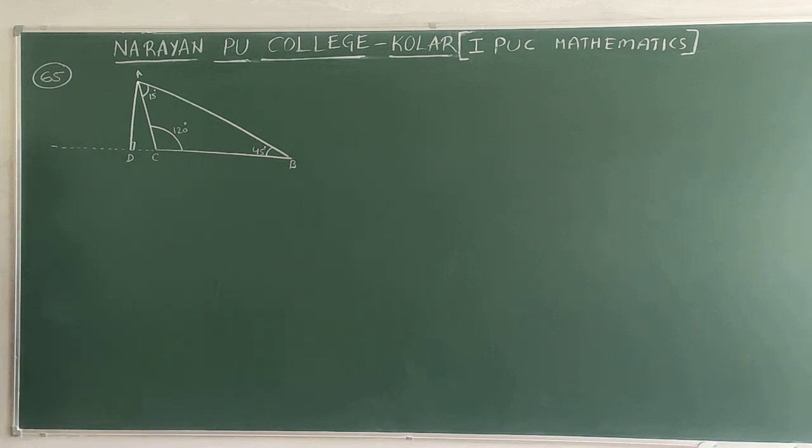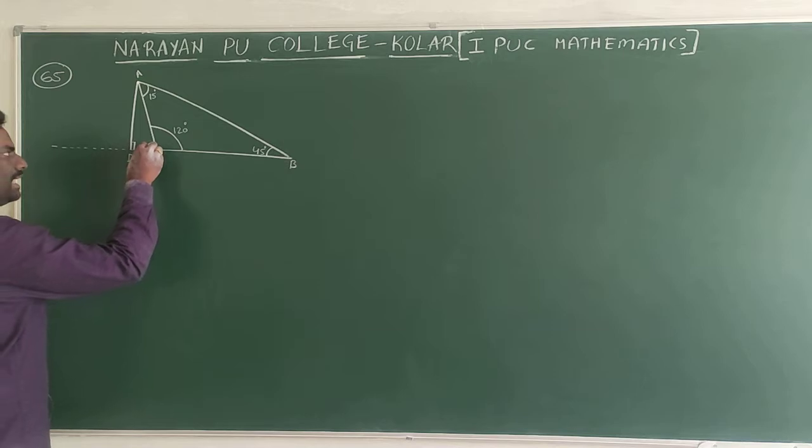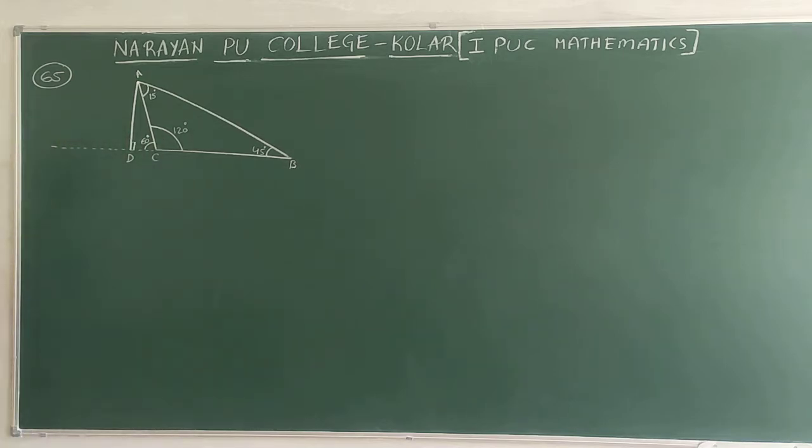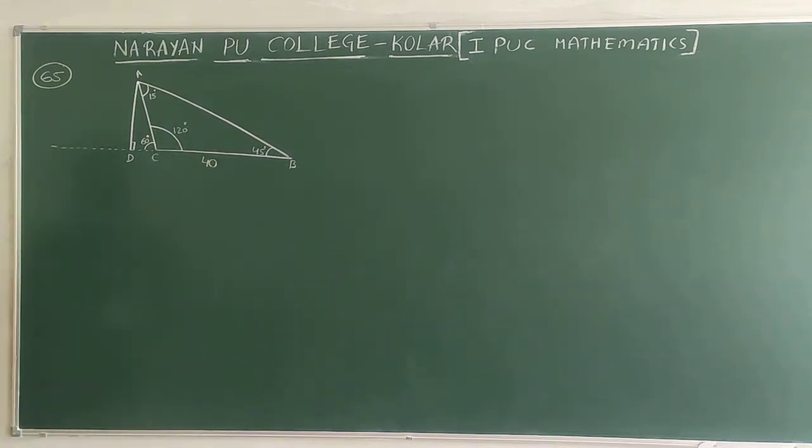Straight angle means 180. If this part is 120, now the remaining angle will be 60 degrees. Okay. One more value is also given, that is A is 40. A means nothing but BC.